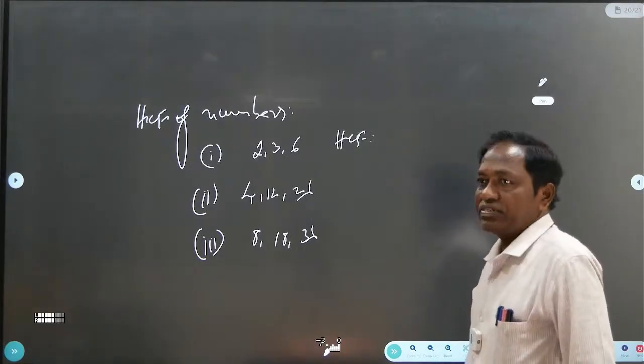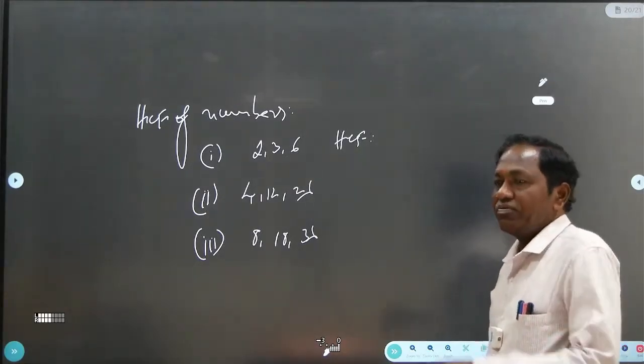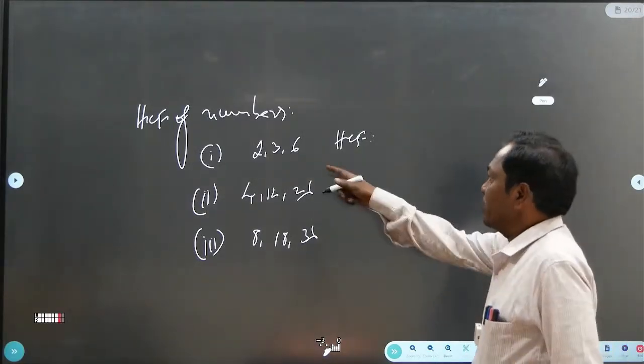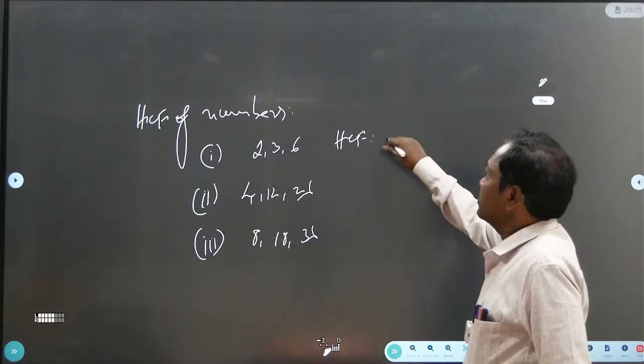HCF of 2, 3 and 6 is 1. How? Because there is a prime number there, HCF is 1.